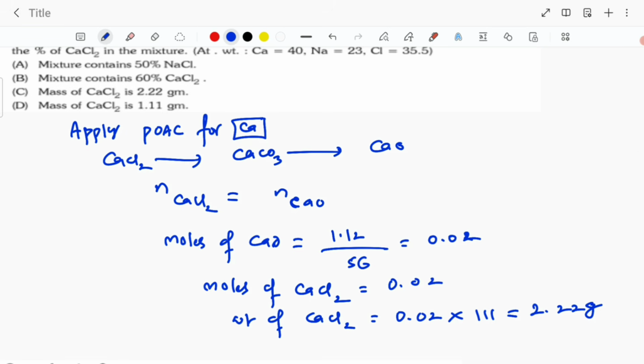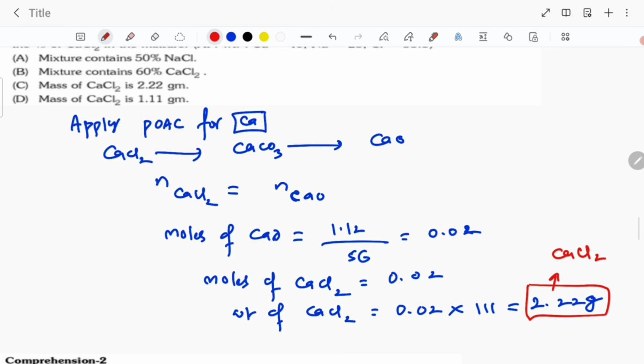So next, if we see the question, the mixture contains 50% NaCl. So how to get this information? The mixture contains 50% NaCl, meaning if CaCl2 is 2.22, so here 2.22 is CaCl2, right? Then what about NaCl here? Then NaCl should be 2.22.